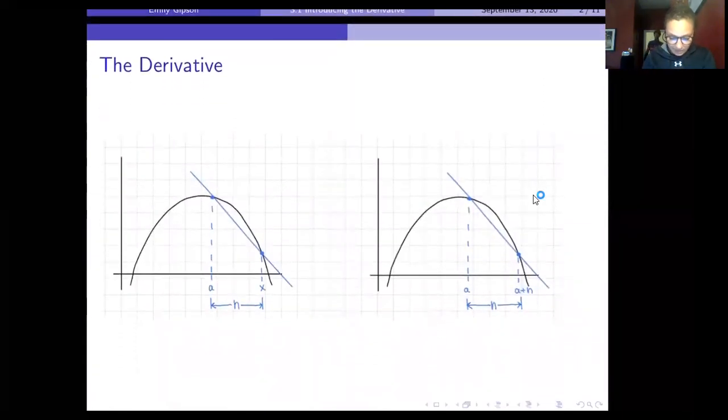So again, here's this little diagram where I've got some point x and some point a, and they're separated by a distance h. So maybe it's easier to think of this as a point a and then a point a plus some distance h.